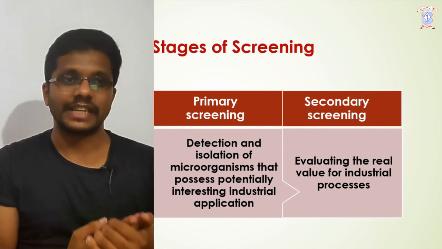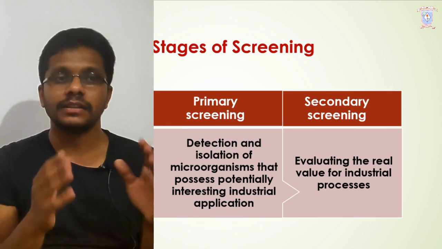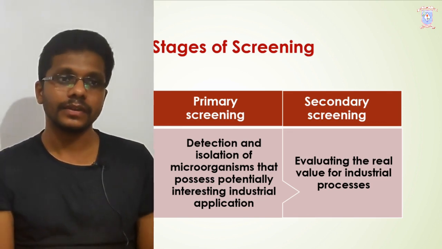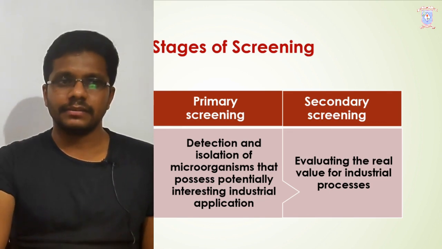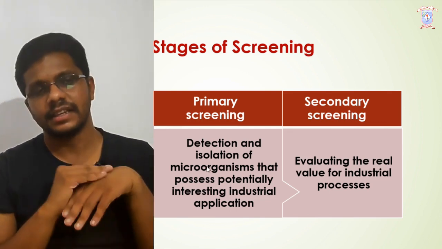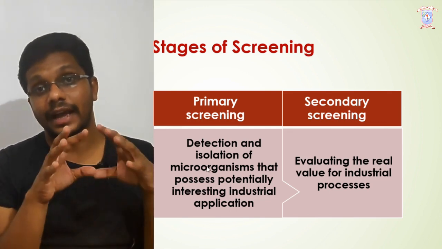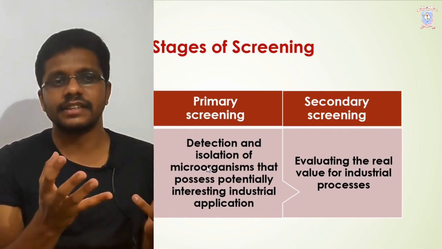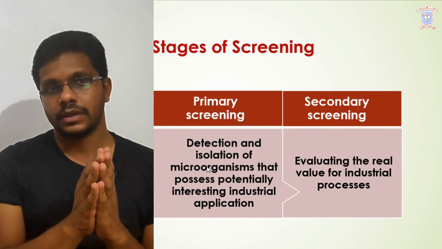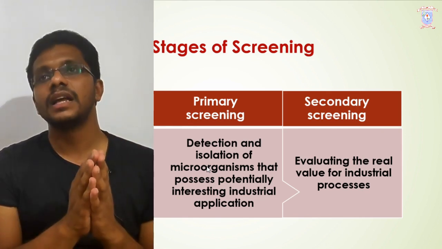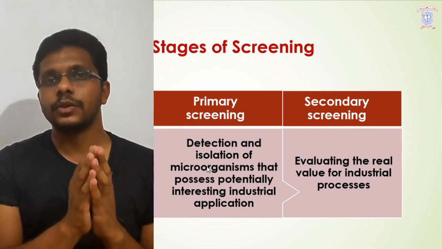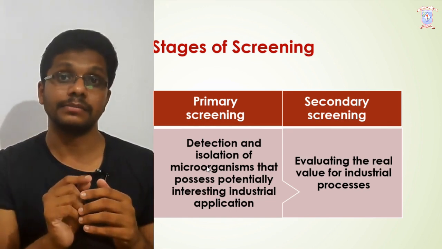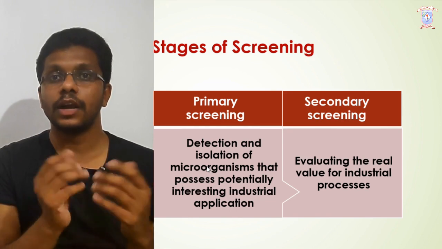And there are two different stages of screening: the primary screening and the secondary screening. In the primary screening, the basic idea is the detection and isolation of microorganisms which have potentially interesting industrial applications. Which means in the primary screening, we are looking only into one feature, whether the microorganism is producing a compound.